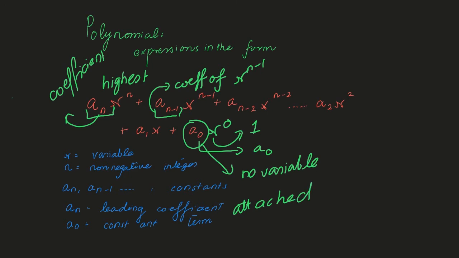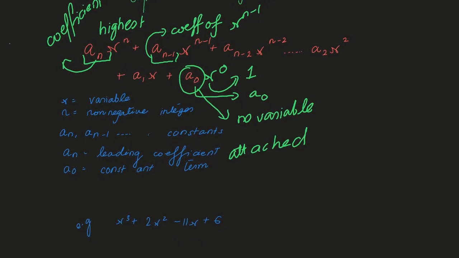An example of a polynomial is x cubed plus 2x squared minus 11x plus 6. Here, since x cubed is basically the same as 1x cubed, 1 is the leading coefficient. And 6, because there is no x alongside it, is your constant term.